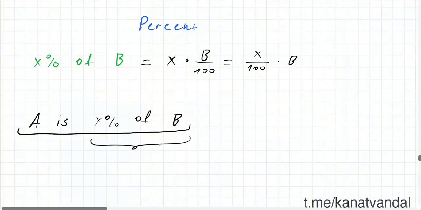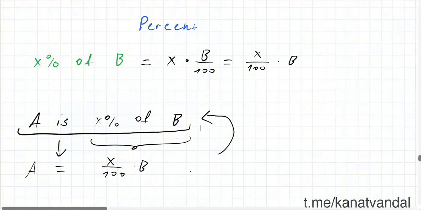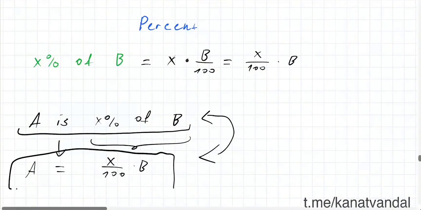You realize that this is x over 100 times b. You should also be able to interpret "is" as an equal sign, and a is just a, okay? So this phrase, which you will see quite a lot in the future, should always be interpreted as the following equation: a is equal to x over 100 times b, okay?